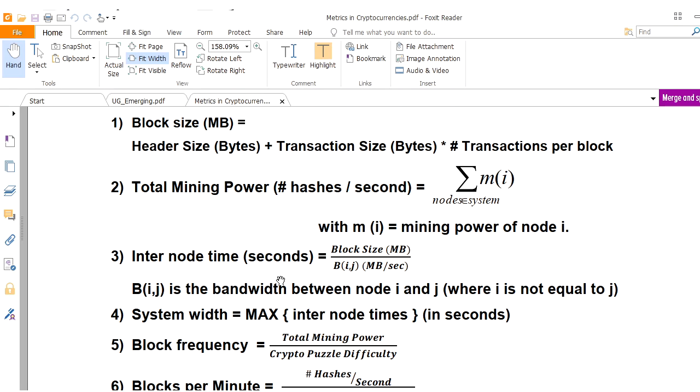Say for example, there is a bandwidth latency of 2 seconds between i and j; between j and k, there may be a latency of 5 seconds; between k and l, there may be 1 second. Like that, between different peers there may be different internode times, but the system width is the maximum of all internode times.